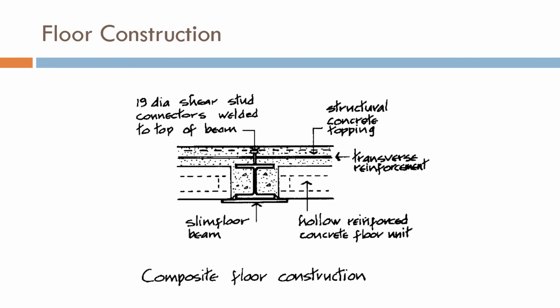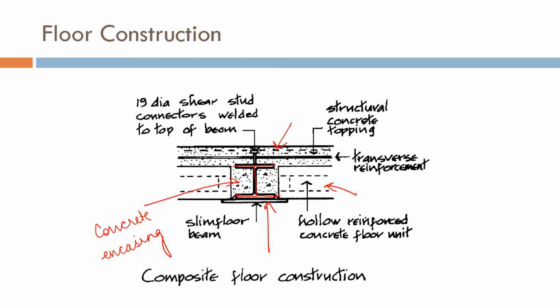Now this is another type of floor construction. Here you can see that there is a hollow reinforced concrete floor unit here, and this is the beam which has been provided. Now this is the I section which has been encased with concrete, and over it there is a structural concrete topping.